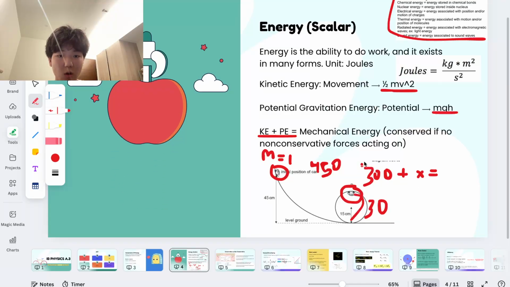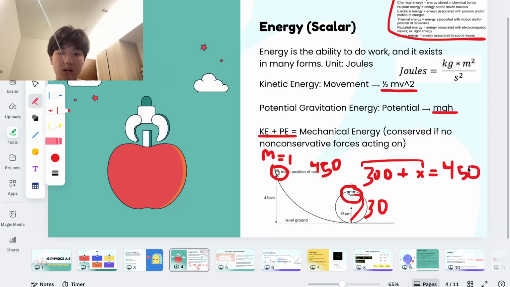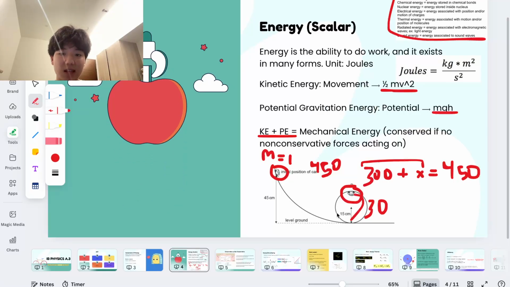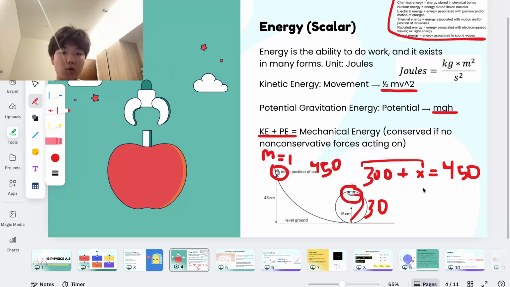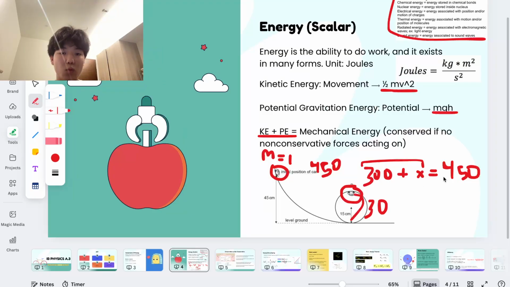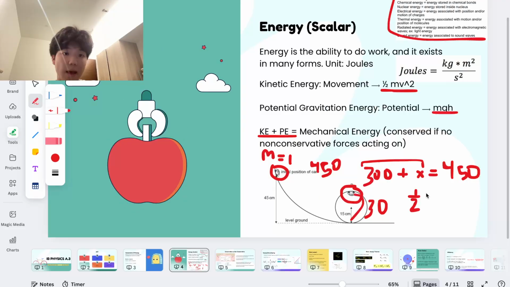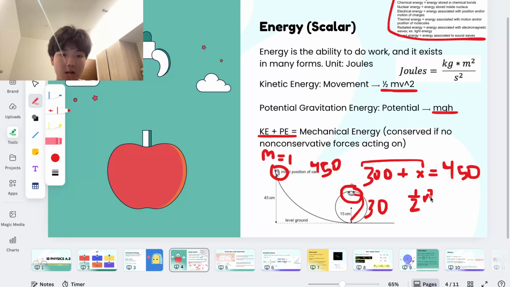So this total mechanical energy at P should equal 450. Again, mechanical energy is the same at each point. So x is 150, and we can equate the kinetic energy formula to 150. So 1/2 mv squared, and again, m is 1, so v squared is equal to 300, and v is equal to the square root of 300.